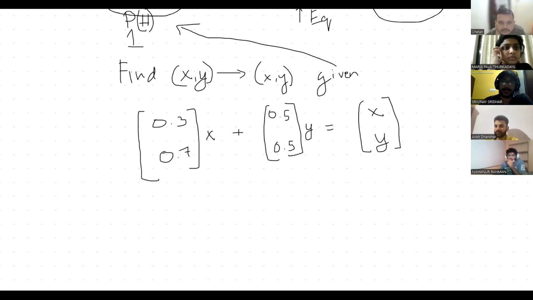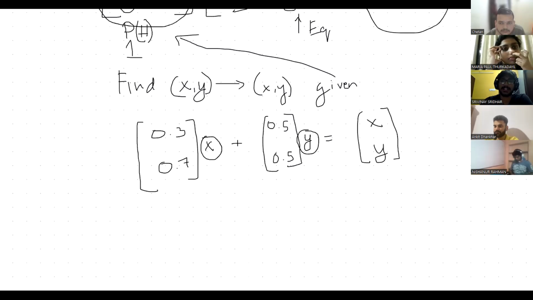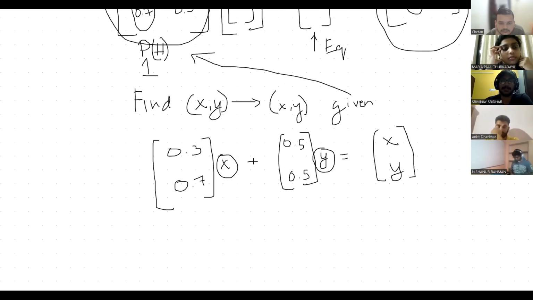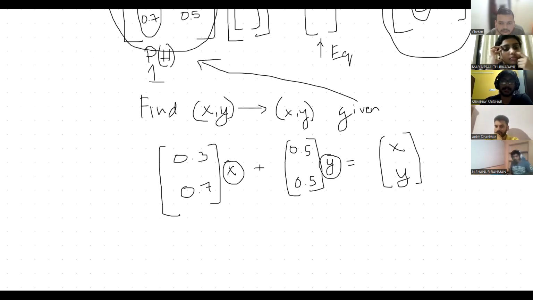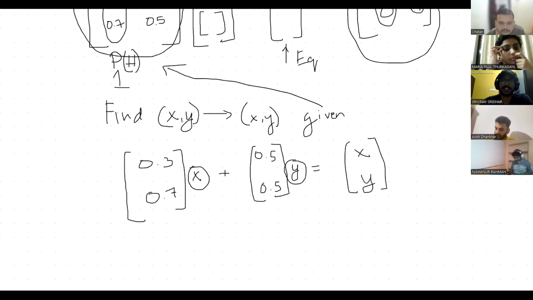If they're changing, when they stop, that is still some particular x comma y, right? In the process, it does depend on the previous output, but in the end, you are just applying the matrix on a particular input.